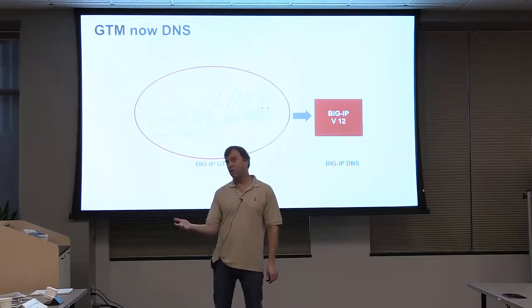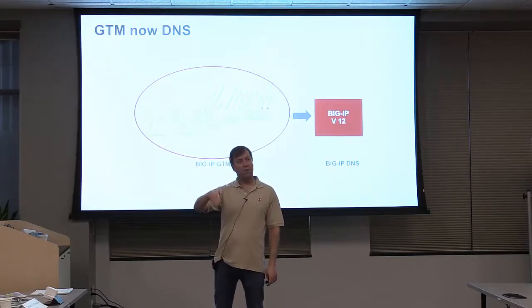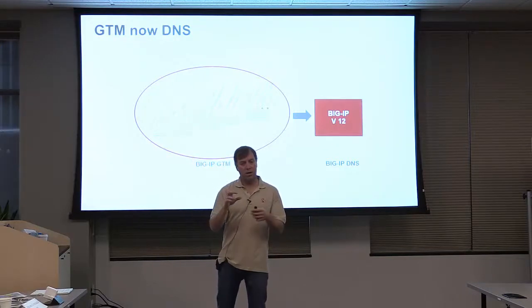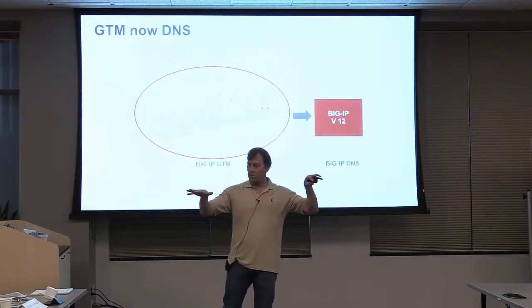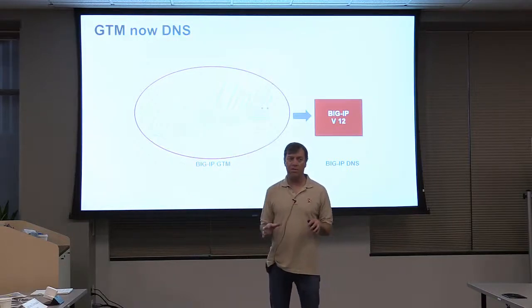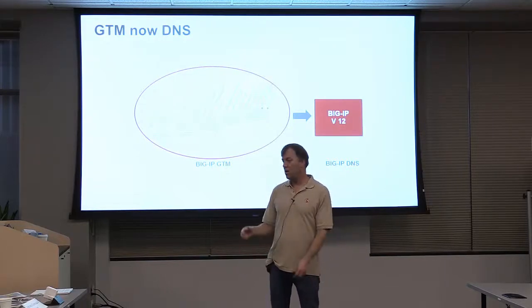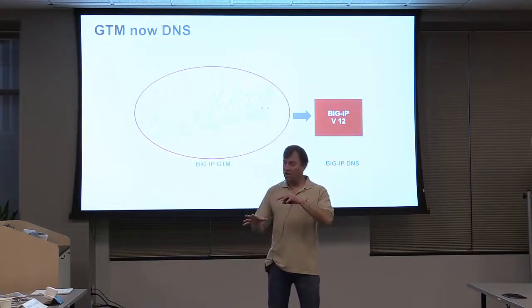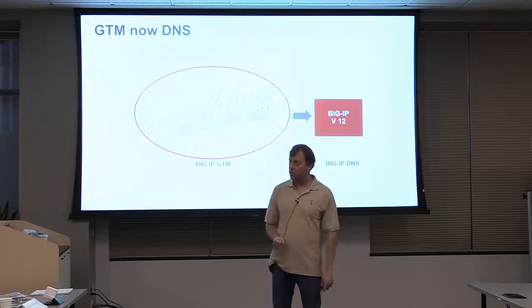The previous name, Global Traffic Manager, denoted that we distributed traffic across data centers. That's what the product focused on. Now we have a lot more in there than just that, so by the name change we were trying to call out these other things that we do.